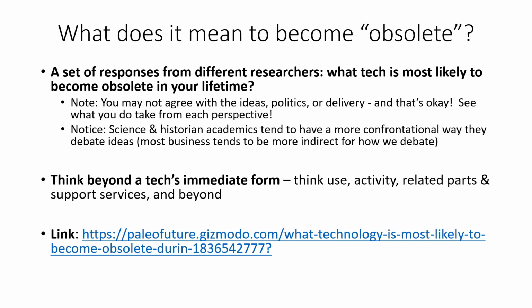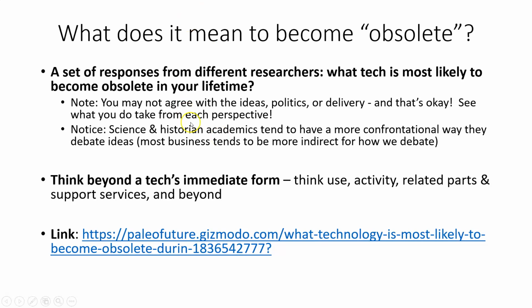Notice something interesting: science historian academics tend to have a more confrontational way of debating ideas. Most business tends to be a little more obtuse, and the words common in those groups would be fighting words compared to us. They certainly don't mince words, but sometimes it's kind of fun to look at.